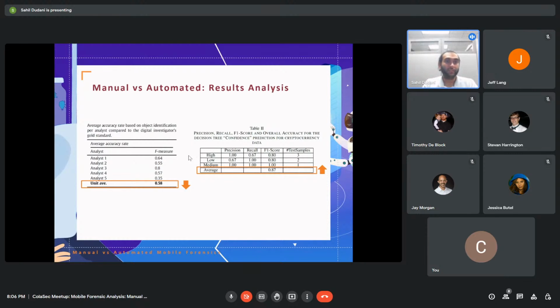But in the case of analysis, you need to analyze what the tool presents in terms of evidence or artifact, and analyzing that does require knowledge, because if you don't know how to read or study a particular artifact, then that artifact is either going to be thrown away or included. So it's a matter of chance if you don't have domain knowledge. And that's why analyst 5, with the least domain knowledge, performed the worst.